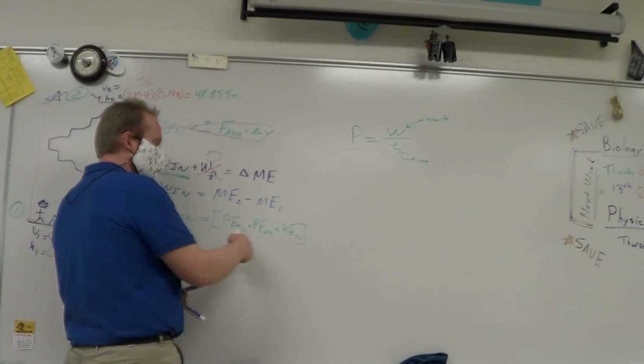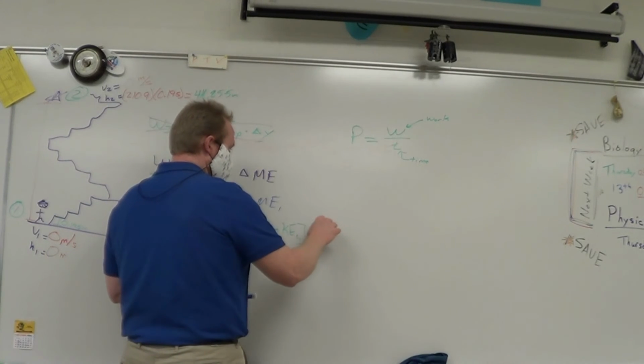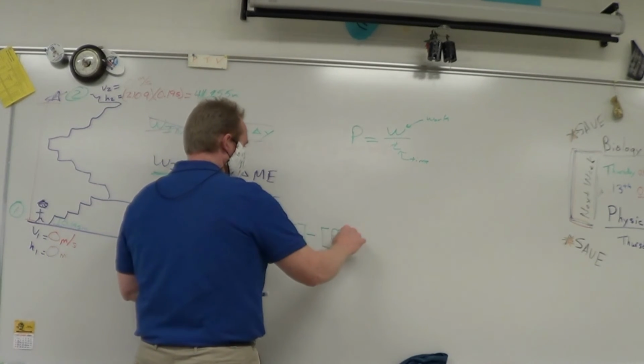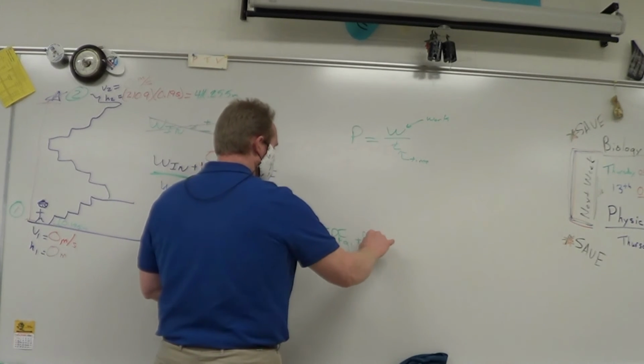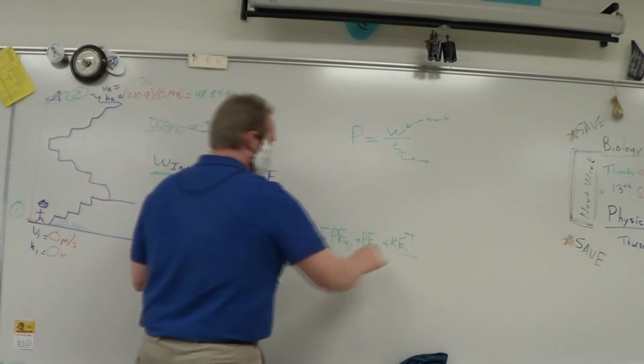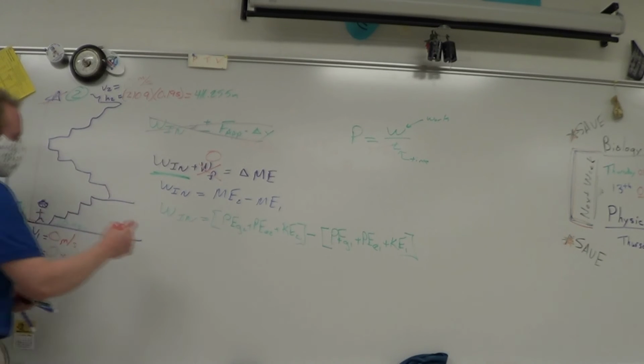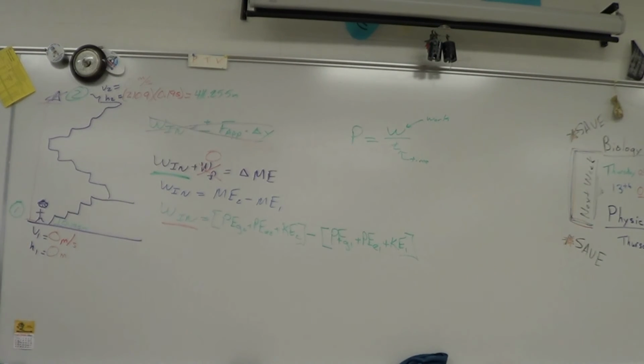So ME2 is PEG2 plus PEE2 plus KE2, minus, important, minus bracket PEG1, PEE1, KE1, all three of those also added. Again, our partway goal is to determine the work in, because we're ultimately trying to calculate power, and we need to know the work, and we can get to work by solving for work here.